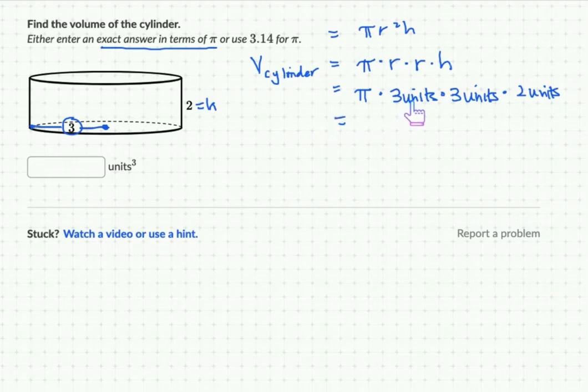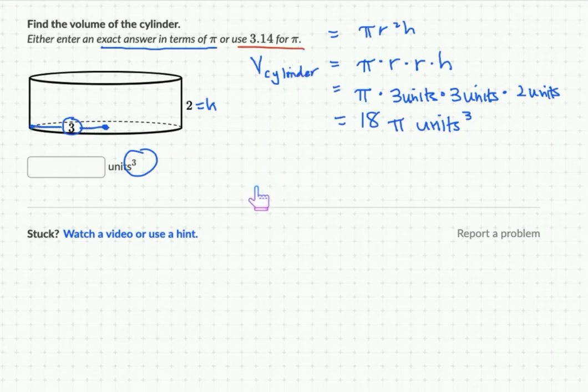All right, so at the end, I'm going to keep pi as itself. 3 times 3 is 9. 9 times 2 is 18. So it's 18 pi units cubed because there's 3 of those units. Volume is always going to have a cubed unit. Okay, that's if we want it as an exact answer.